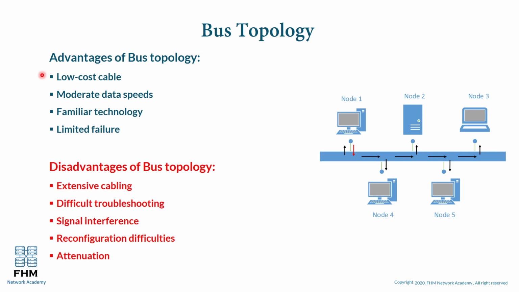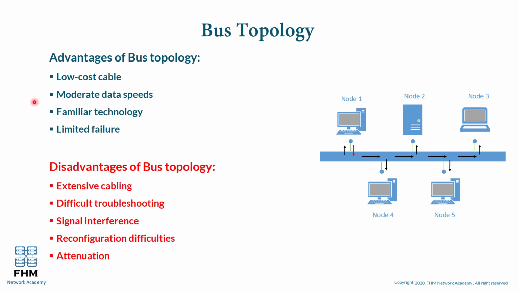Since we can use coaxial cable in bus topology, we could have moderate data speed up to 10 megabits per second. Bus topology is a familiar technology as the installation and troubleshooting techniques are well known and hardware components are easily available.